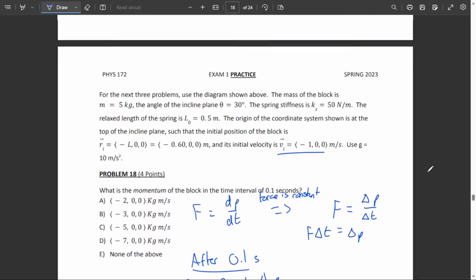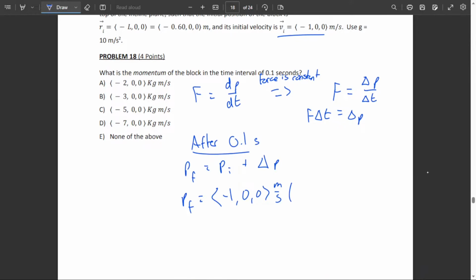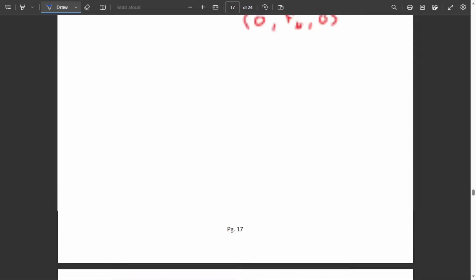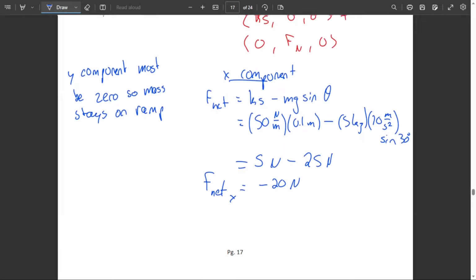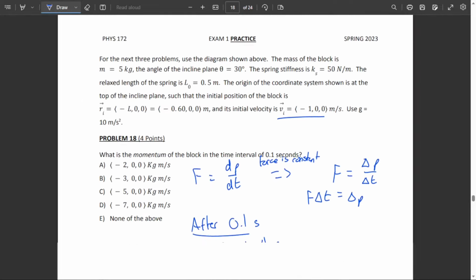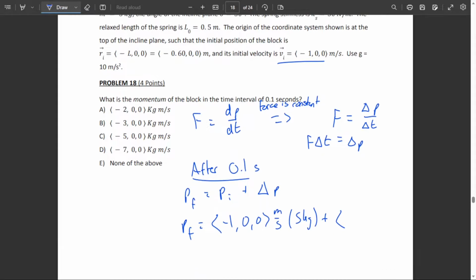Equals 5 kilograms, right? And then the change of momentum is the force times the change in time. So the force was minus 20 newtons, and change in time is 0.1 seconds.